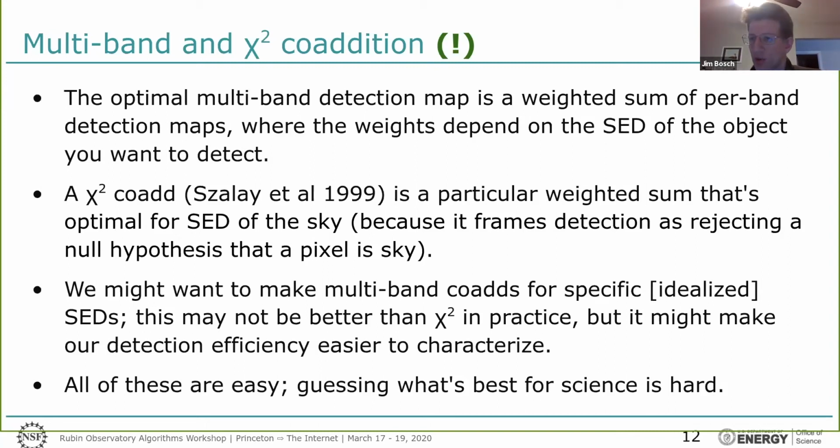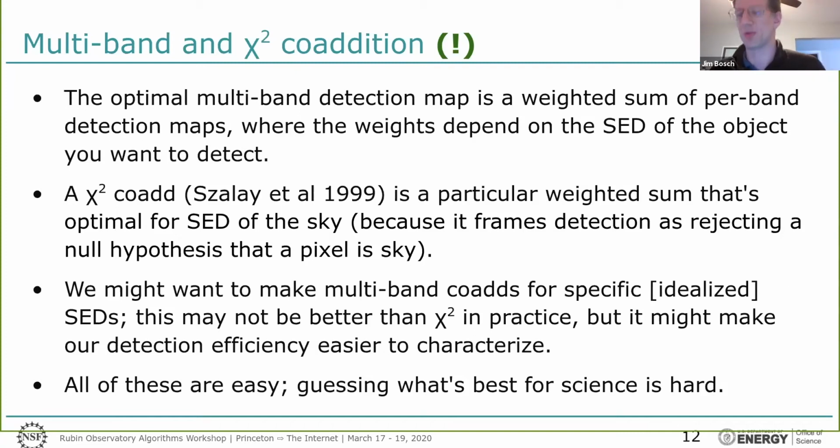Now that isn't great if you're trying to make a general purpose survey pipeline, because you want to be able to detect lots of different SEDs. So there's a few options there. A chi-squared coadd is a particular weighted sum that's optimal for the SED of the sky. That doesn't sound like it makes sense, but it does if you frame detection as rejecting the null hypothesis that a pixel is sky.